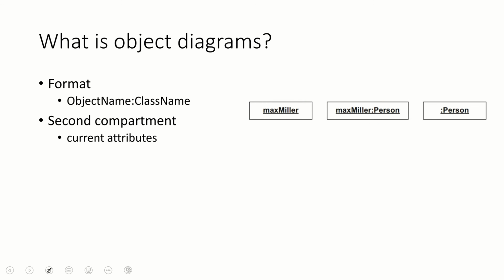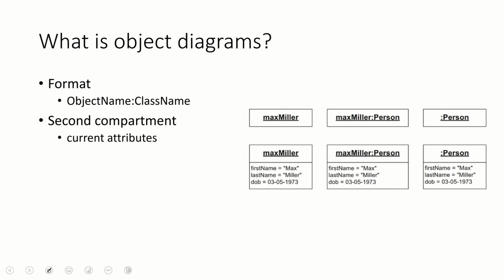After that, you have the second compartment, which is the current attributes. The current attributes mean we assign specific attribute values to the different attributes in that class. In this example, in the Person class, we have first name, last name, and DOB, the date of birth.